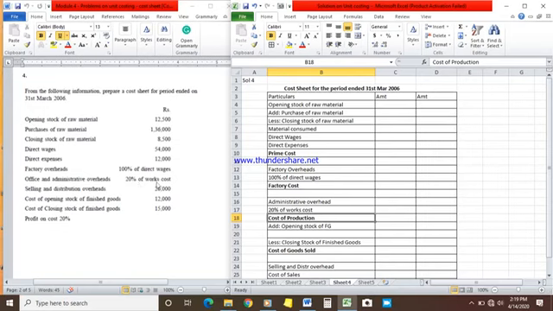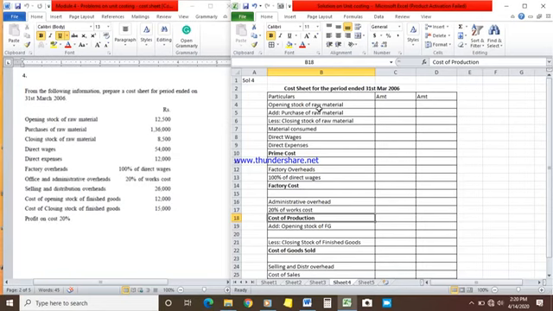So 20% of the works cost, if we calculate, we will get the administrative overhead. Then selling and distribution overhead is given. The cost of opening stock of finished goods and cost of closing stock of finished goods are also given, plus profit on cost is 20%. So let's solve this problem.